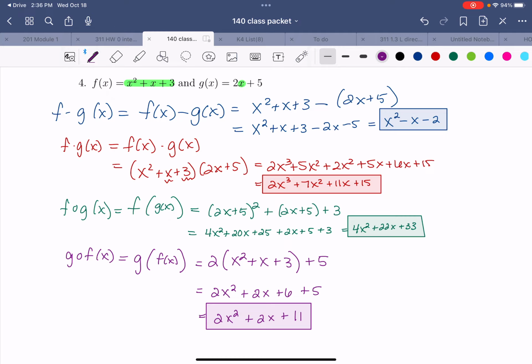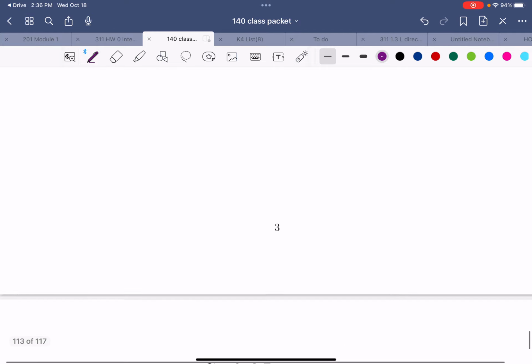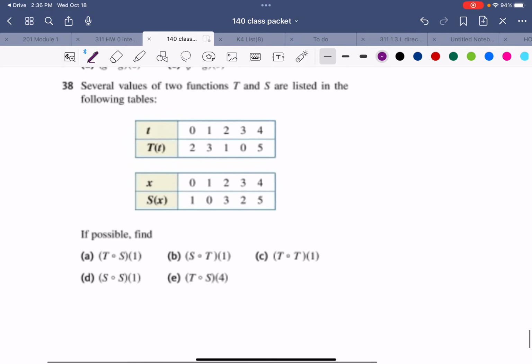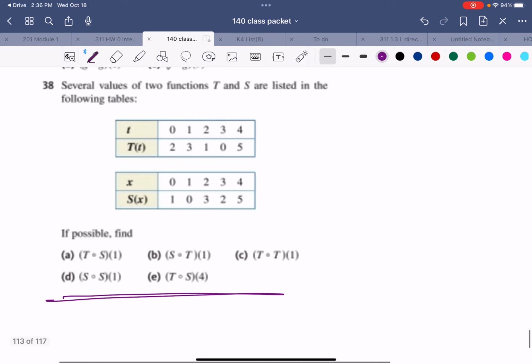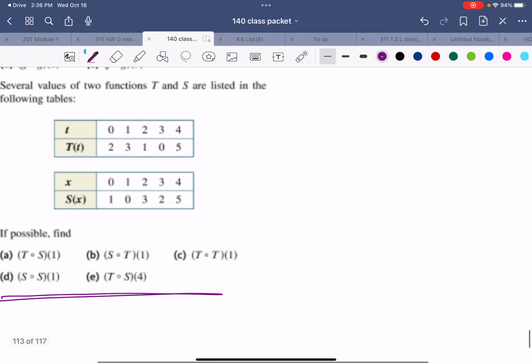And then lastly, I'm going to go up here to our lecture, the last problem in the lecture, and we're going to go ahead and do this one as well. So now we have two tables, one for t and one for s. And we're going to find all of these values using our chart. So letter A, t composed with s of 1 means we want t of s of 1.